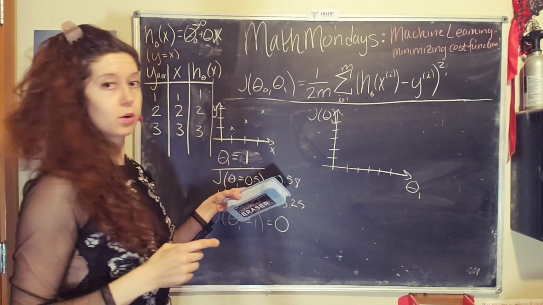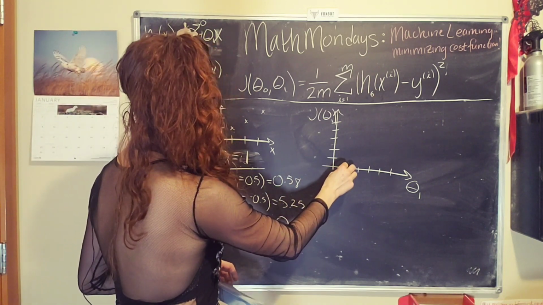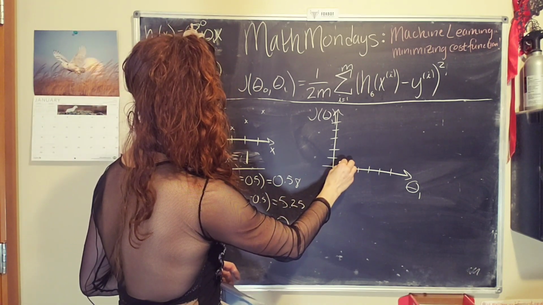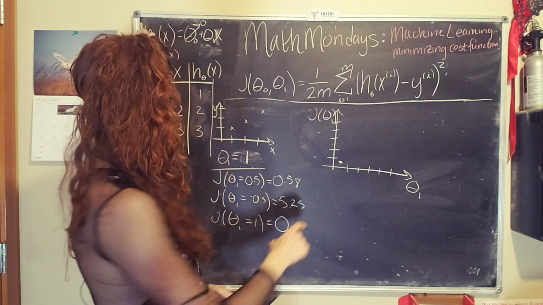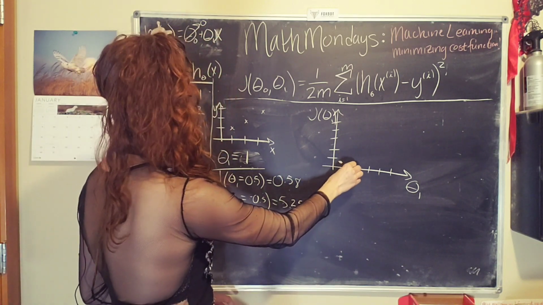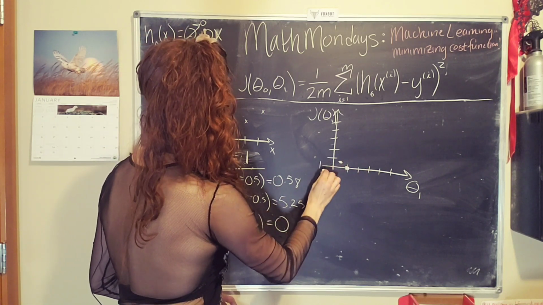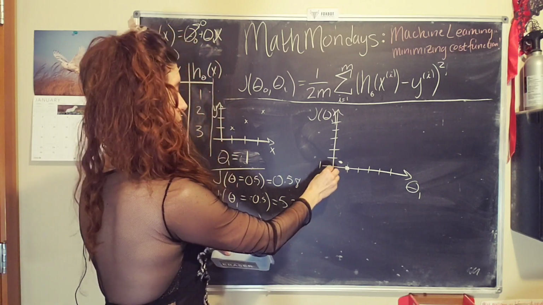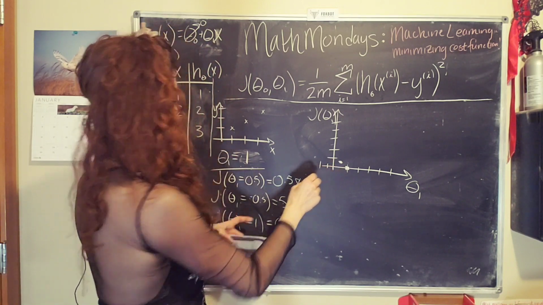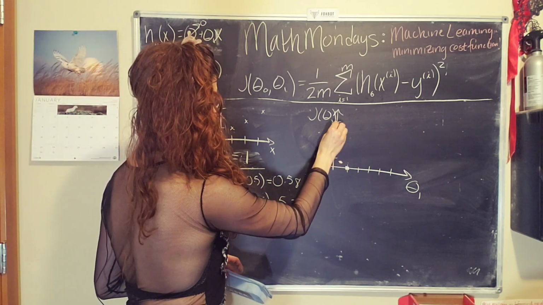So when theta 1 is 0.5, J is 0.58, so it's right around here. When theta is 1, J is 0, so that's a fairly easy point to make. And when theta 1 is negative 0.5, so right around here, J is 5.25, so 1, 2, 3, 4, 5.